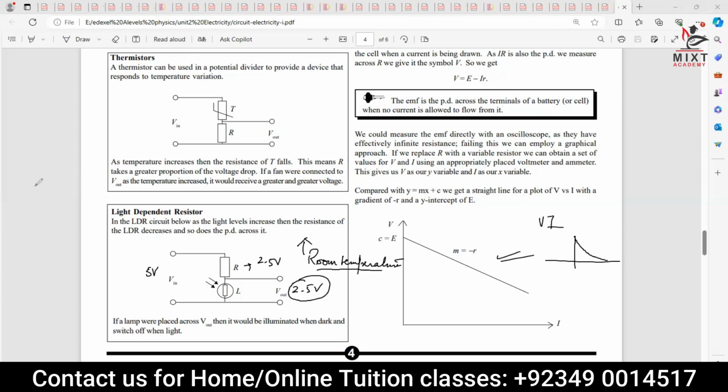This is a very important circuit because it is actually used in so many places. This circuit will be used in factories as a temperature sensor, because as soon as the temperature changes, that temperature can be sensed in the form of voltage output.